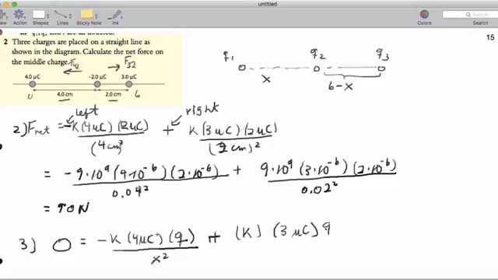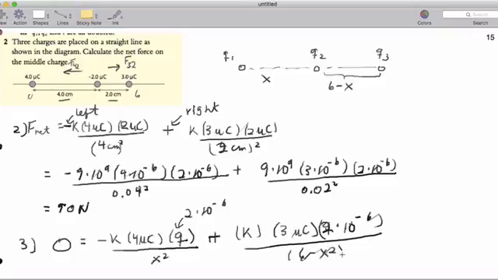Oh, sorry, it is a known charge. Let me replace that. This is going to be 2 times 10 to the negative 6th, and this will be 2 times 10 to the negative 6th. And that's going to be 6 minus x squared.